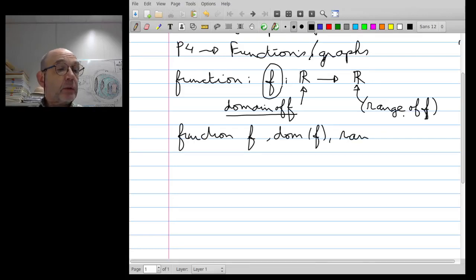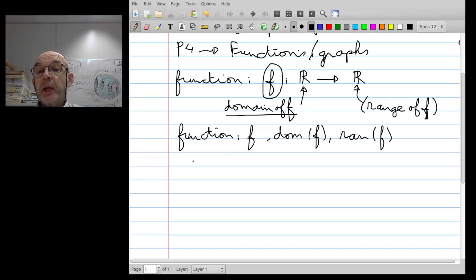I don't know if there is a given notation for the range, but otherwise we do it ourselves with some three letters or so. The range of f, that is of importance.